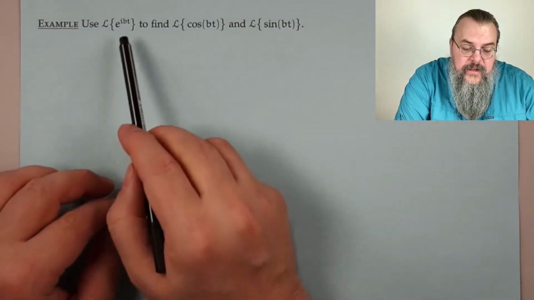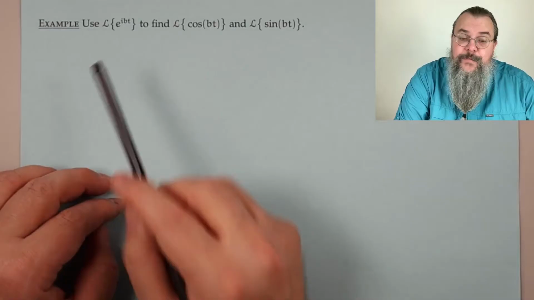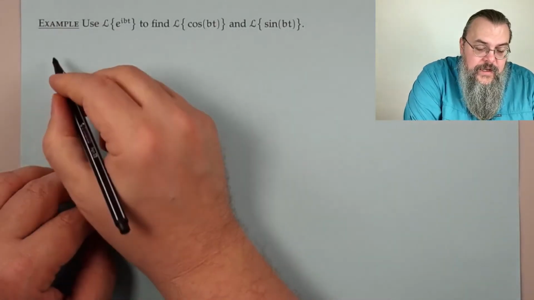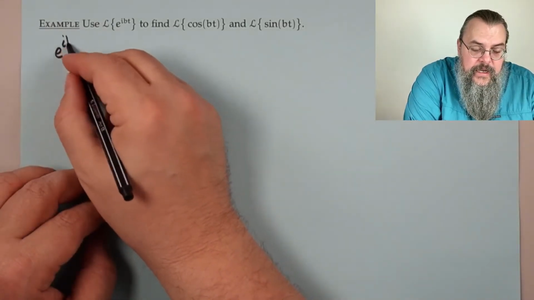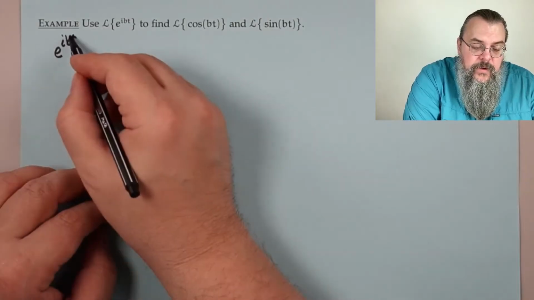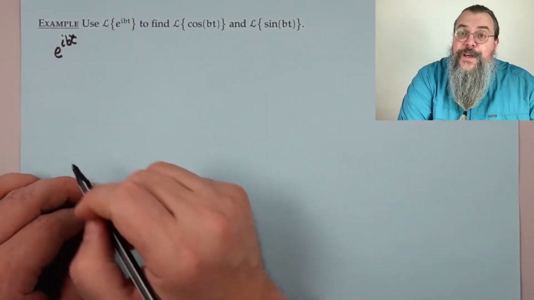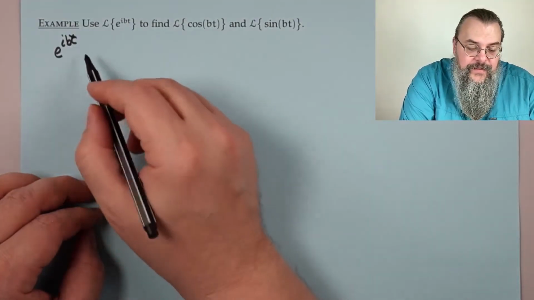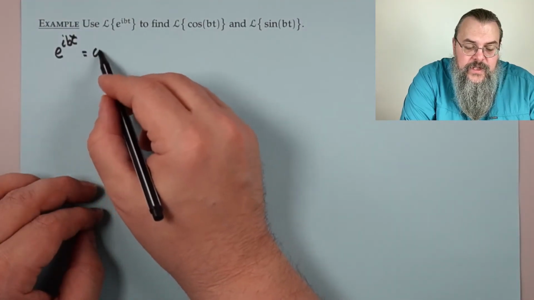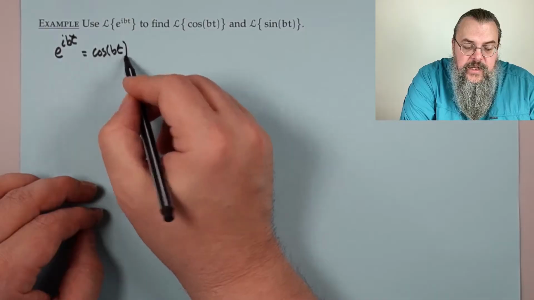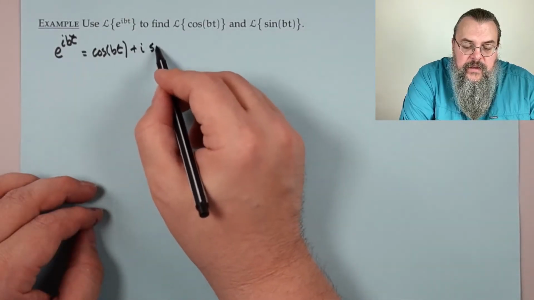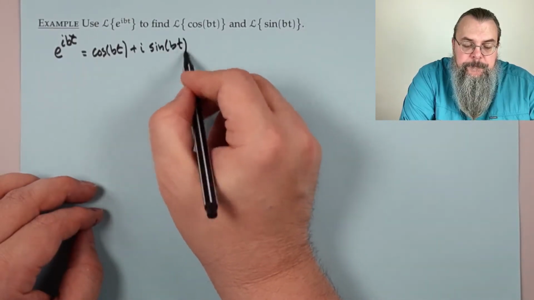It kind of tells you here, e to the i bt. Well, what is e to the power i bt? Well, whenever you have a complex number upstairs, it becomes sines and cosines. So this is cosine of bt plus i sine bt.